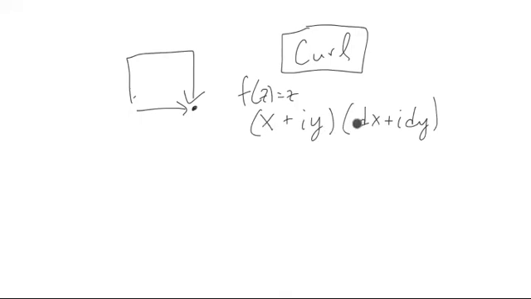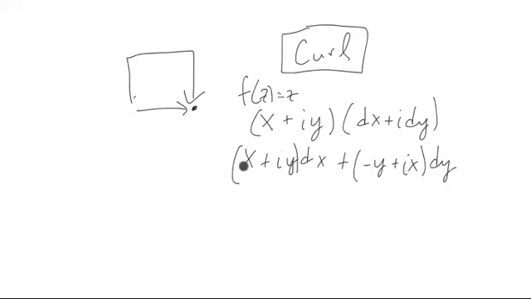So we end up getting x plus iy dx, and then plus, we have a minus y plus ix dy. Okay, and that's what we'll be integrating here.